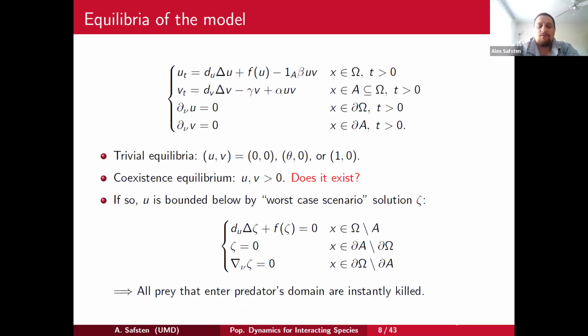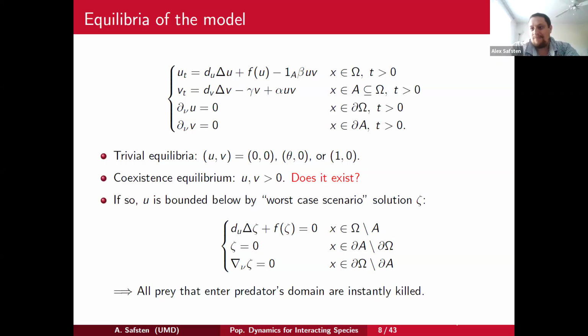We can have (u,v) equals (theta,0), so that is the prey live at their Allee threshold and there's no predators, and that is an unstable equilibrium, because if we have a little more prey or a little less prey, they will either move to their carrying capacity or die out, depending on which way they're perturbed. And finally, we have the (1,0) equilibrium, where the prey are at maximum carrying capacity, the maximum density of prey, and still no predators.